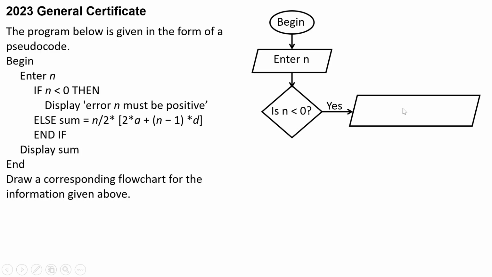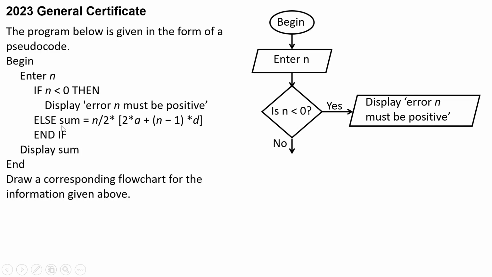Here the message will be displayed: display error, n must be positive. This means that the program will not continue to do what it's supposed to do. It will terminate, because the value of n is not valid. But if no, which means else, then you go ahead here.